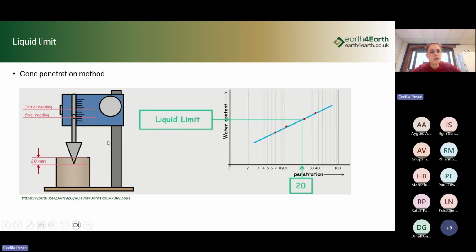The liquid limit is when the cone can penetrate 20 millimeters. Again, it's very hard to get exactly 20 millimeters, so same approach: different samples with different moisture, we build our calibration curve, and then we extrapolate the value for the liquid limit.